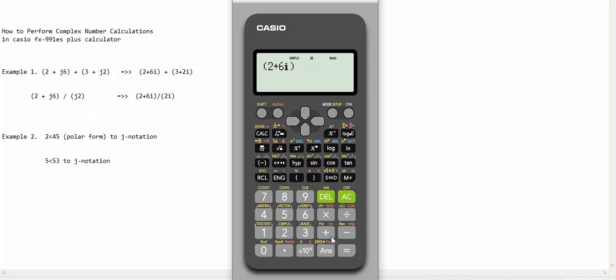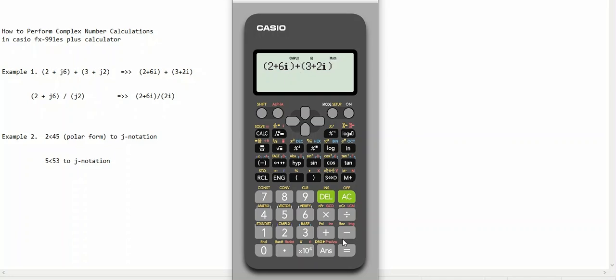I close the bracket, plus the second part of the equation, which is 3 plus 2i, and close brackets. Just so you know, if we are not in the complex mode, this will not respond. It only responds because we are already in complex mode.